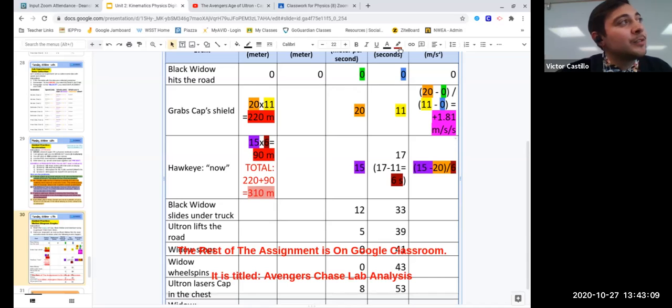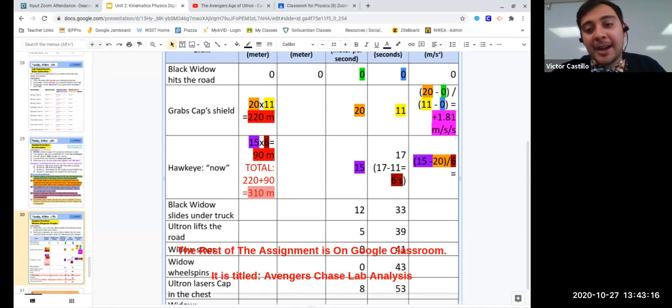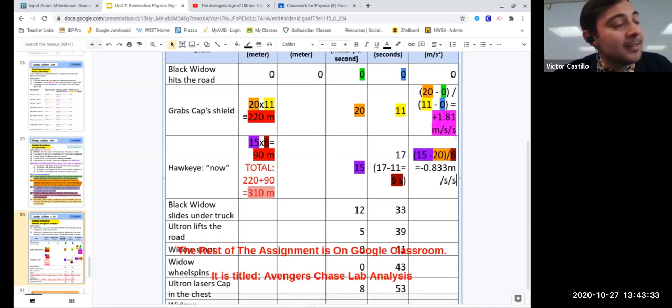Okay, so what's 15 minus 20 divided by 6? What's 15 minus 20 divided by 6? It is negative 0.833 meters per second per second.